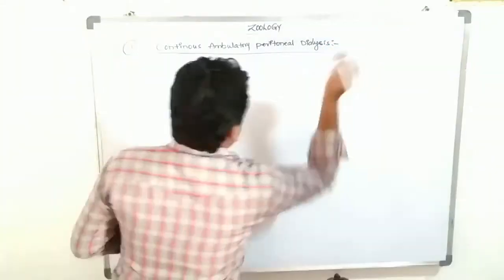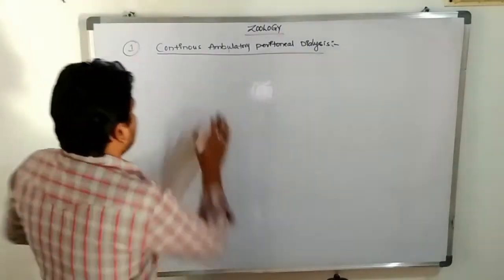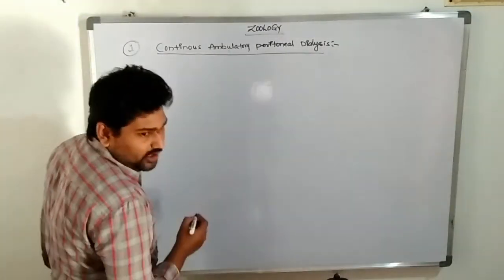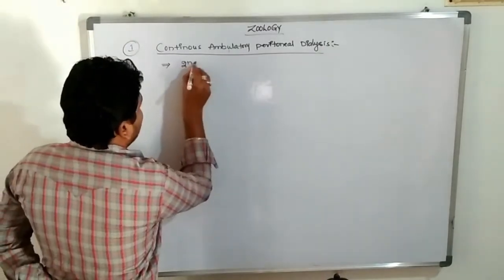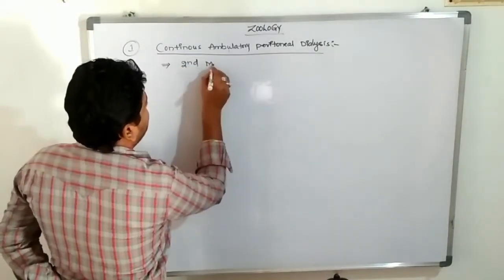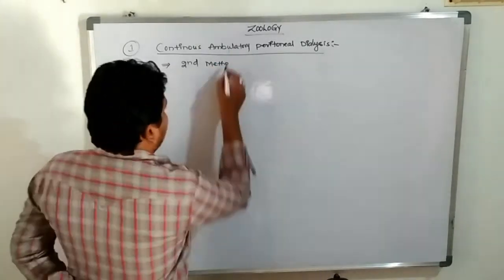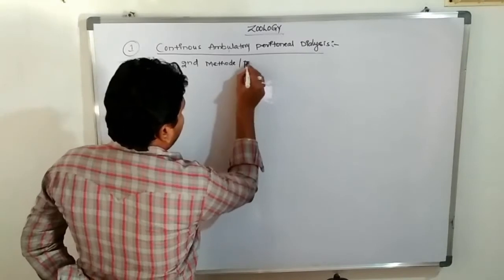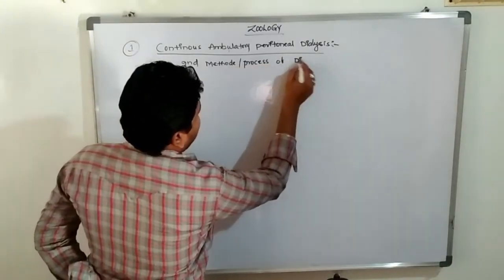Continuous ambulatory peritoneal dialysis is the second, very important method or process of dialysis.